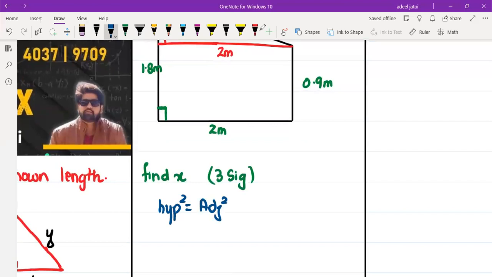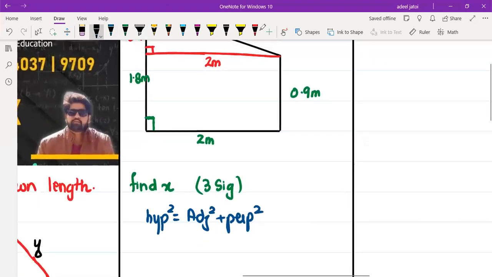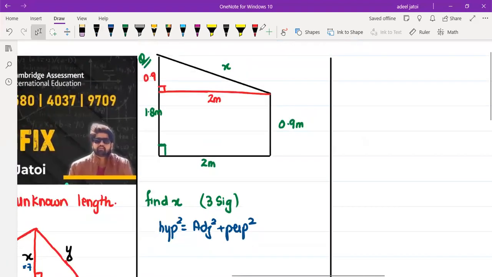So to find out x, now we have the values, which means hypotenuse square is equal to adjacent square plus perpendicular square, or the base square can be considered. The usage of adjacent is because we'll be using it in the trigonometric ratios as well.